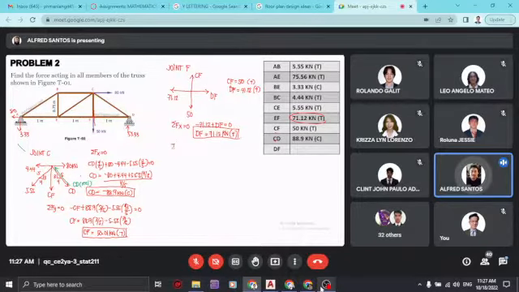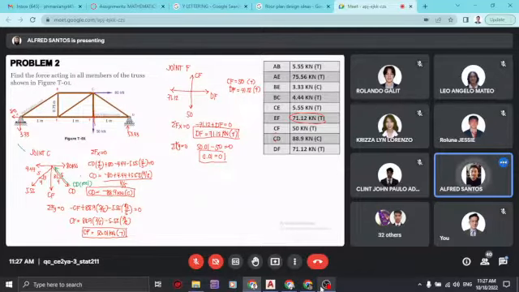Okay, and your summation Fy is equal to 0 since alam naman na natin yung CF is 50, or 50.01, and then minus 50 is equal to 0. Therefore, 0.01 is equal to 0. So, katanggap-tanggap naman yan, no? So, tama yung sagot natin. So, yun. DF is 71.12.